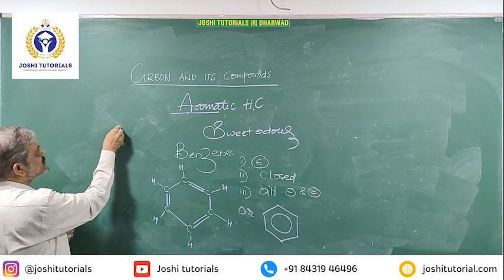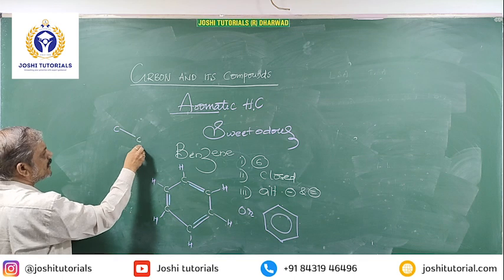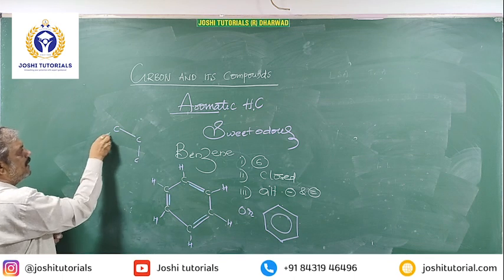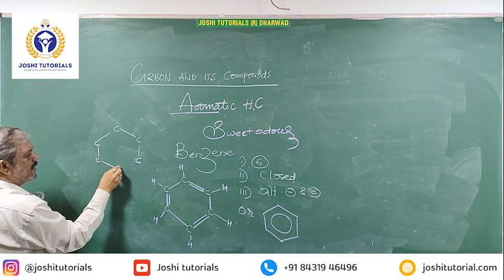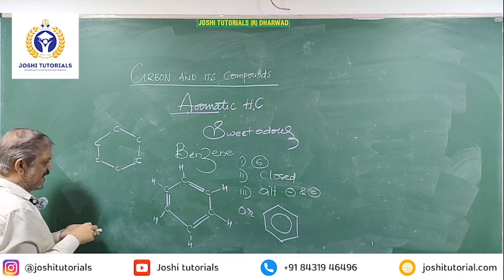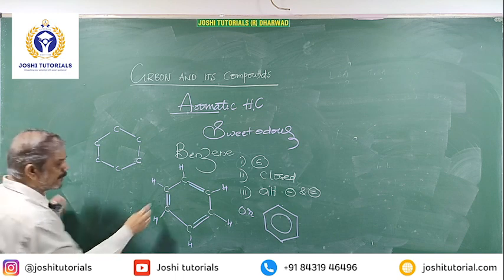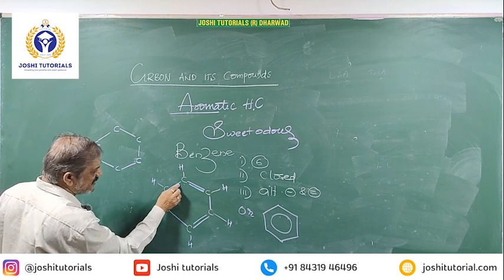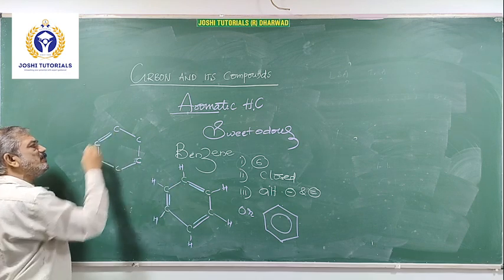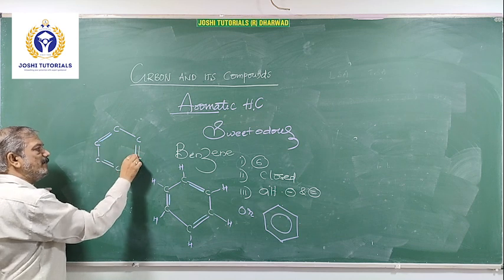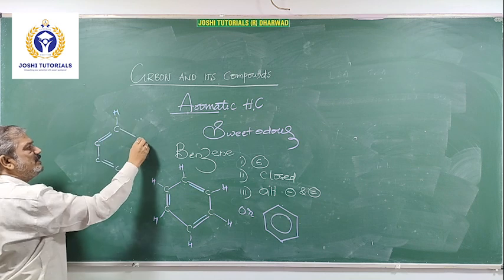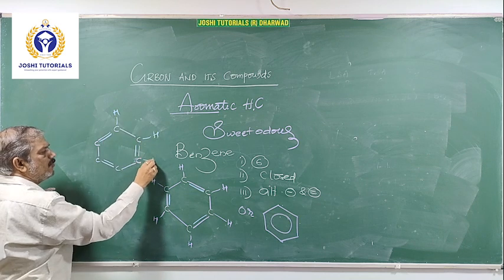Or sometimes you may start like this: carbon, carbon, carbon, carbon, carbon, carbon, carbon. Here, alternate single double bond means I have started here single. You can start with a double, no problem. Double, then single, double, single, double, single. Each one single hydrogen. Over.